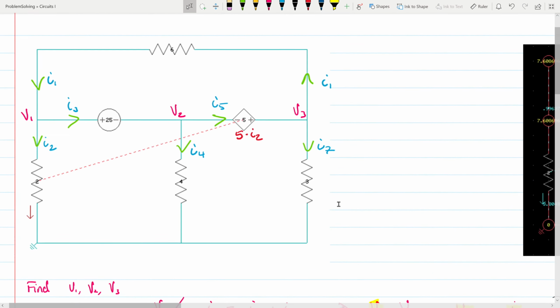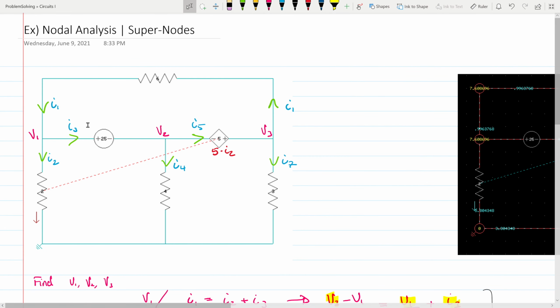But I want to point out something real quick. These are called supernodes. That's how you'll be introduced to them in your textbook. The idea is essentially we call them a supernode because there were these currents in here that we couldn't quantify, as you saw earlier, I3 and I5.